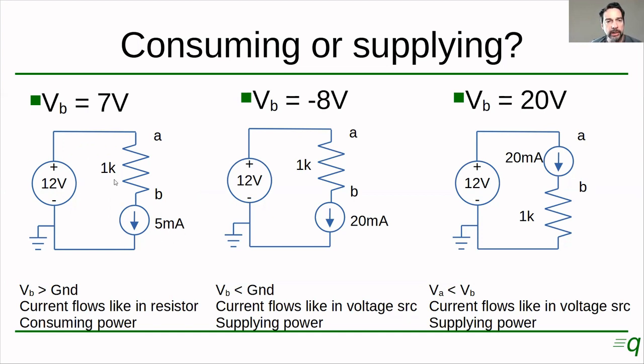So if you want to obtain the same current on this circuit, you could replace this 5 milliamp current source with a resistor, whose value would be 7 volts, which is the voltage that you have on this node, divided by the 5 milliamps. That will only work as a 5 milliamp source for this circuit. If you change anything on this circuit, it's going to be a different current.